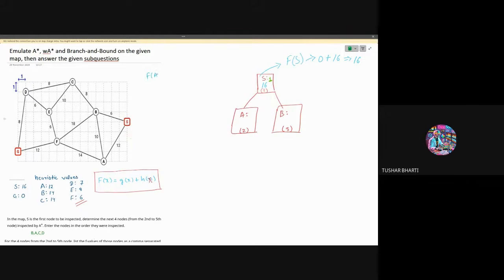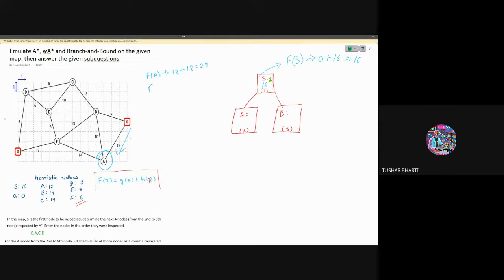Now we will calculate f of A. So what will this be? S2A is 12. 12 plus the heuristic value of A. You can see this formula. Heuristic value of A we have already, 12. So this will give us 24.